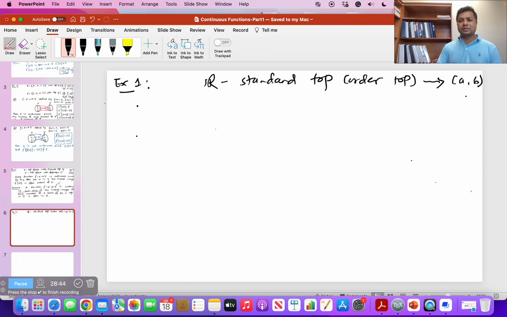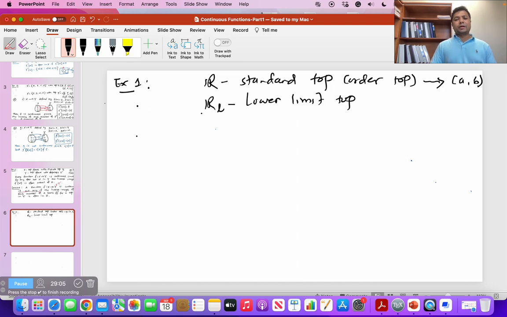And then let's consider R_L, the set of real numbers with the lower limit topology.